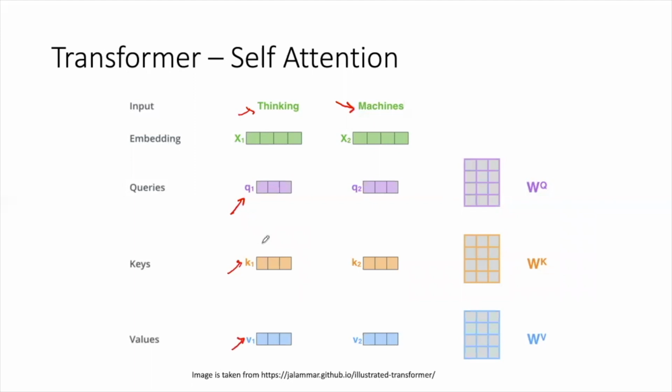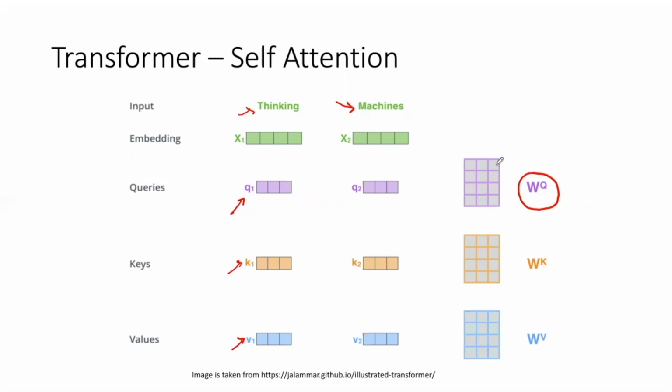These vectors are obtained by multiplying this input vector x1, for example. We multiply x1 with this WQ, which is a matrix, and that is basically a linear transformation of the input vector.